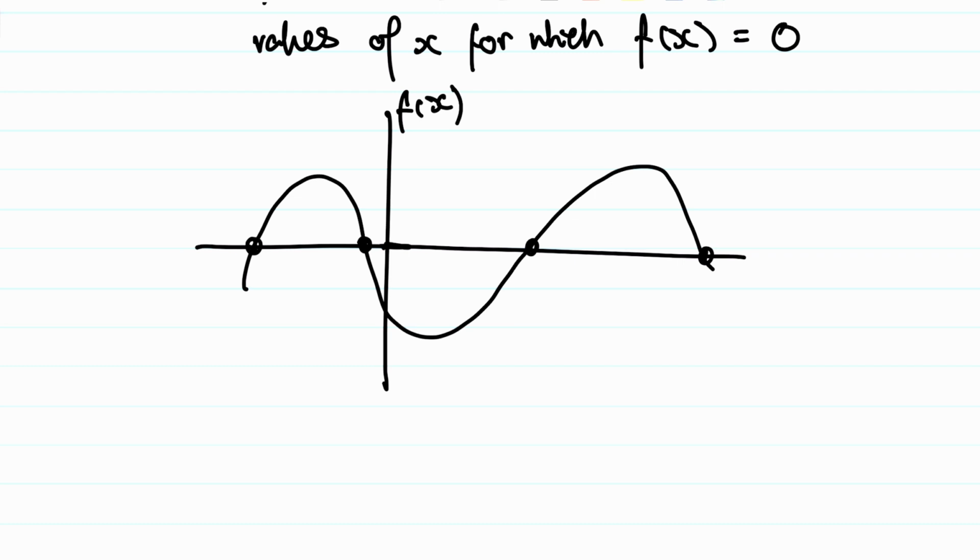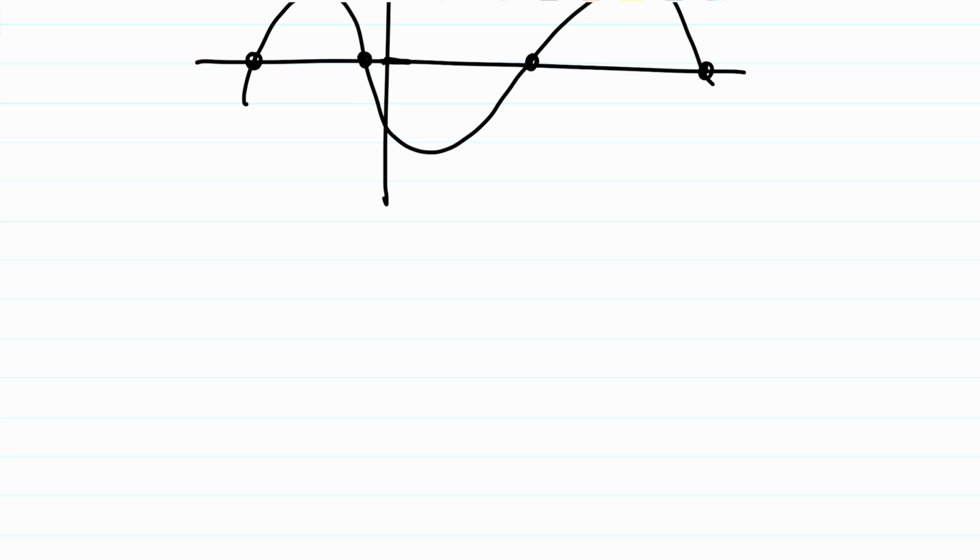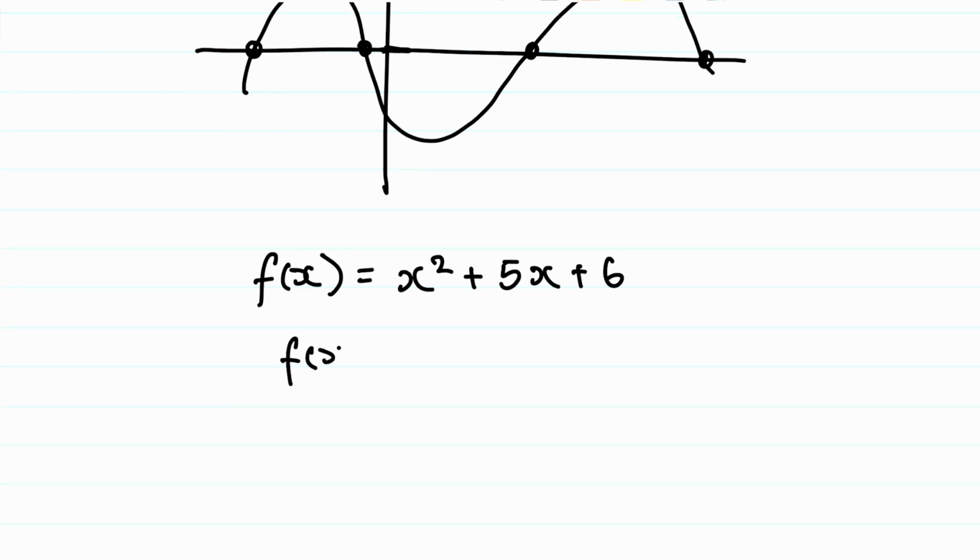And so sometimes you might be asked to find the roots of a function. Well, that also isn't too tricky. So if we had a function, for example, x squared plus 5x plus 6, and we were asked to find the roots of that function, well, we know the roots are found where f of x is equal to 0, so we'd set x squared plus 5x plus 6 equal to 0, and now it's just a case of solving a quadratic in this case.